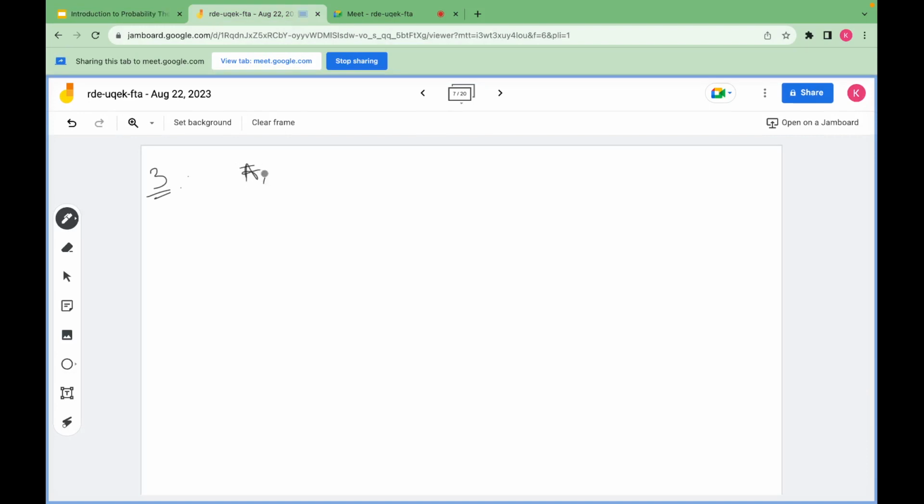So as given, a two-tailed test. This means that our alternate hypothesis will be that the sample mean is not equal to the population mean.